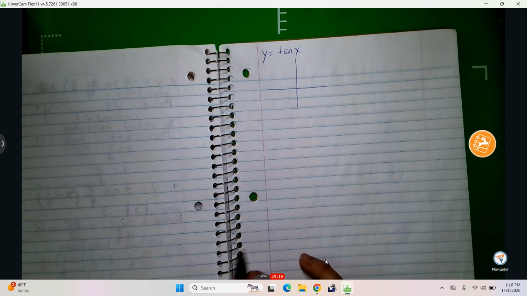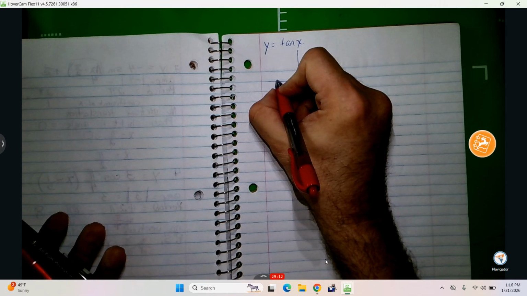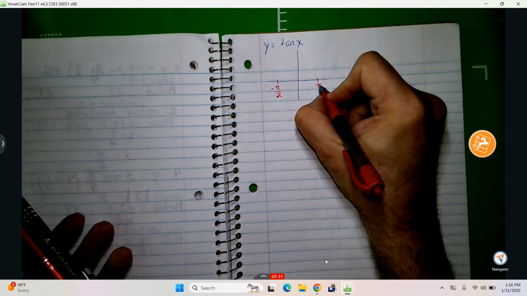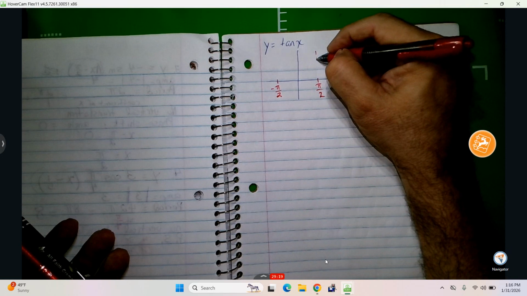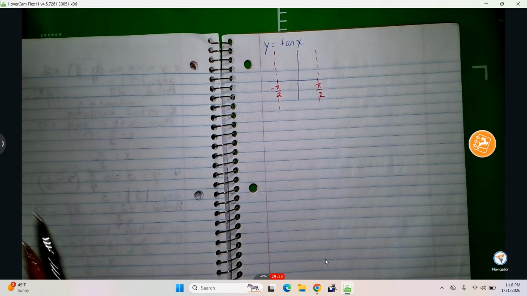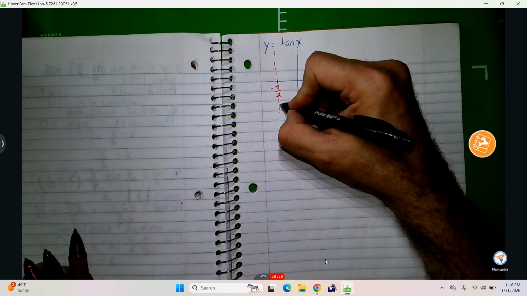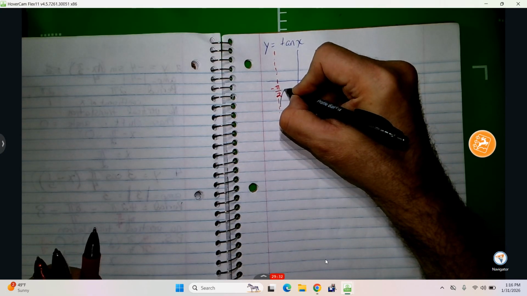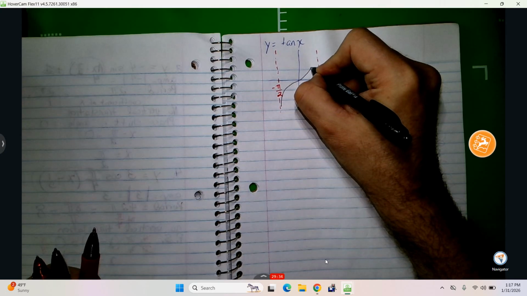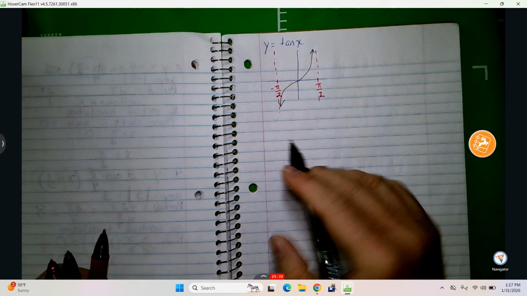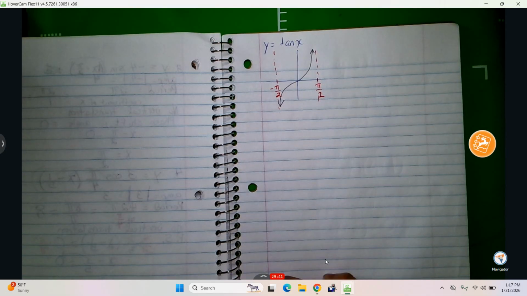I'm going to have to use some color here to try to distinguish them at negative pi over 2 and positive pi over 2. And then it just keeps going and going forever. The shape looks sort of like that. It's going up from left to right.